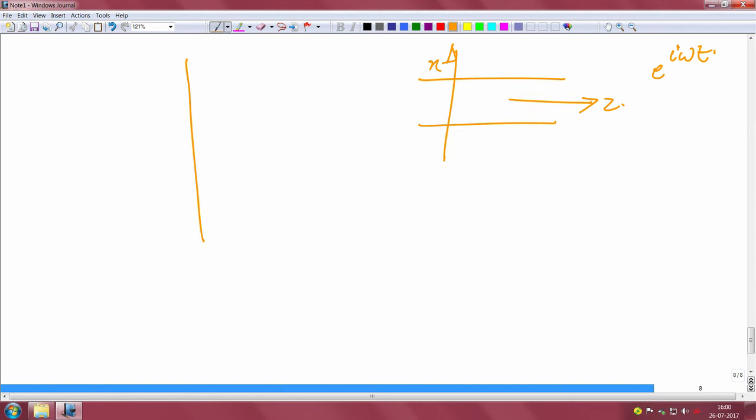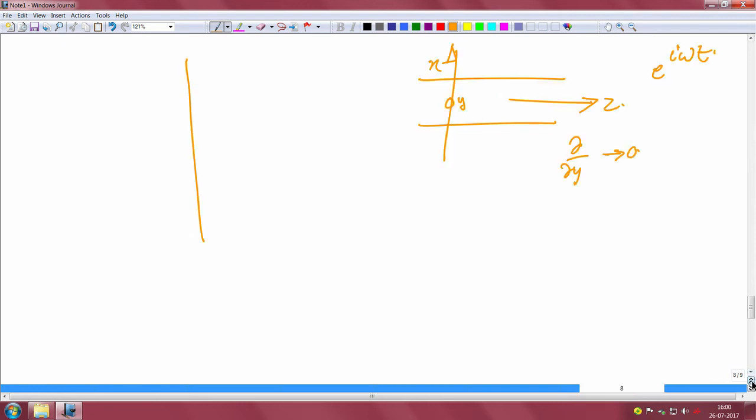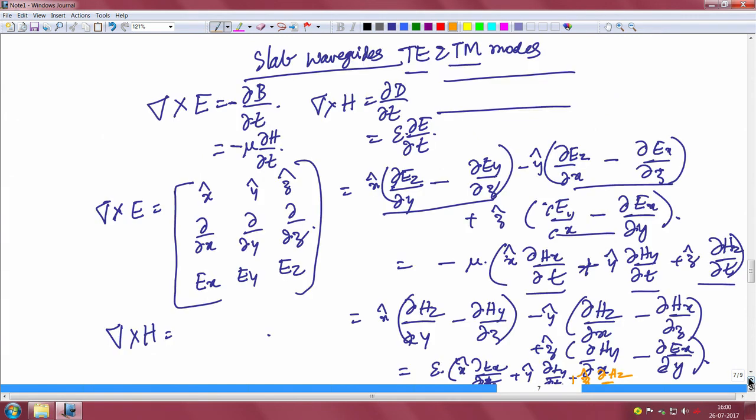When we replace, because the field is not varying along the y direction, we can say that the dy components do not exist, and so we can replace these fields. For example, the x component, dz by dy is 0 because we are not doing y variation, and the z variation we can replace with e power I omega t minus beta z.